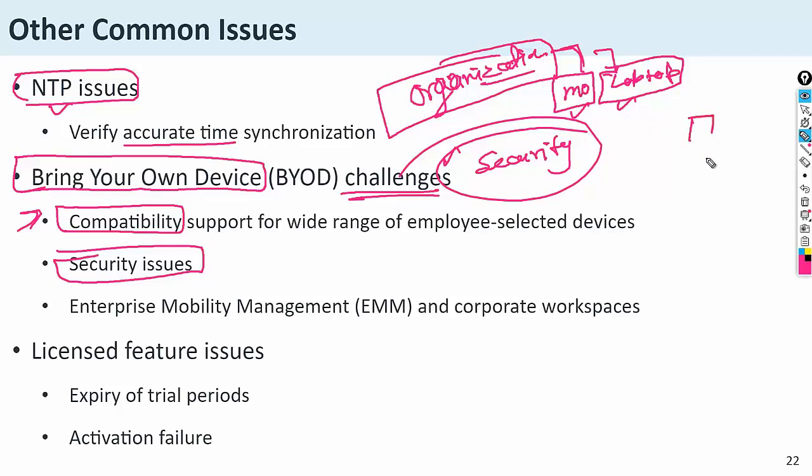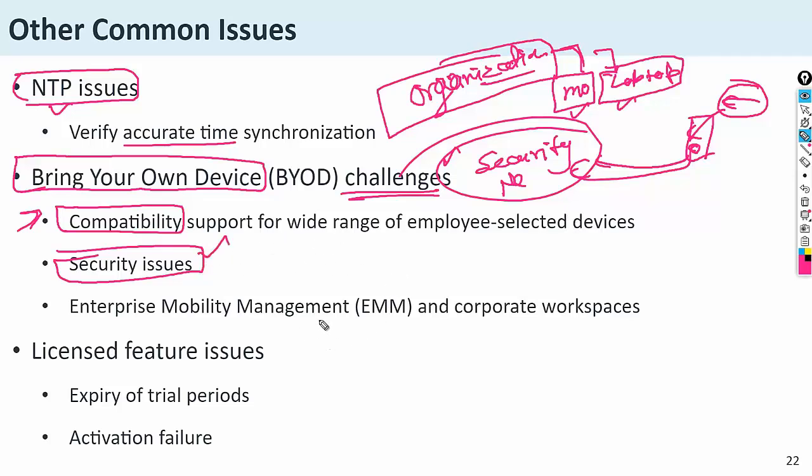You connect your mobile phone outside the organization's network to some open Wi-Fi and get malware inside your device. Once you connect the same device to the organization's network, this malware will spread. Of course, a security issue.